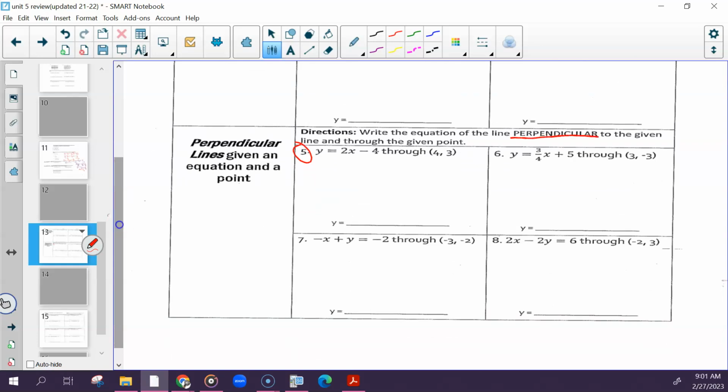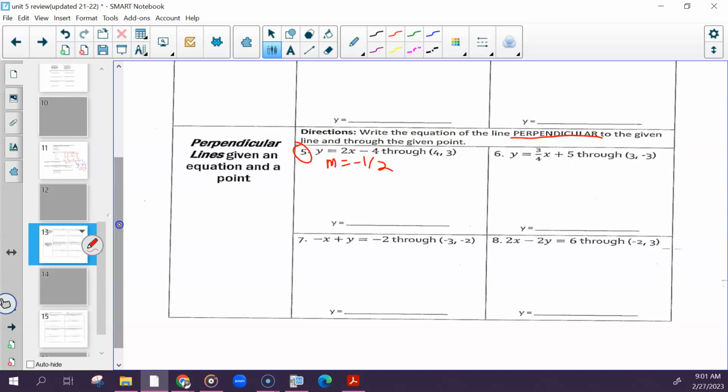So always make sure you're paying attention to the directions, the wording. We have an equation that's solved for us. If we have to make a new equation that's perpendicular to this one, what would that new slope be? Simon? Negative 1/2.